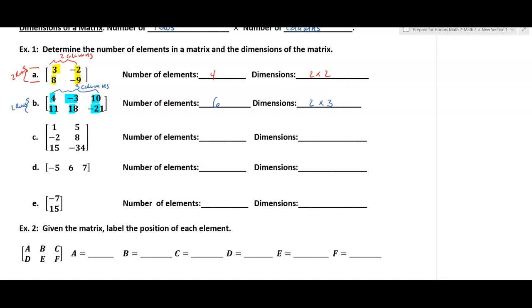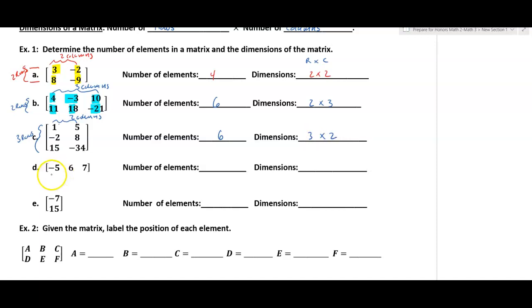The next one, as you can see, there are 1, 2, 3, 4, 5, 6 elements. But if you look at the dimensions now, there are 3 rows, but only 2 columns. Remember, it's rows by columns. So it would be a 3 by 2 matrix.